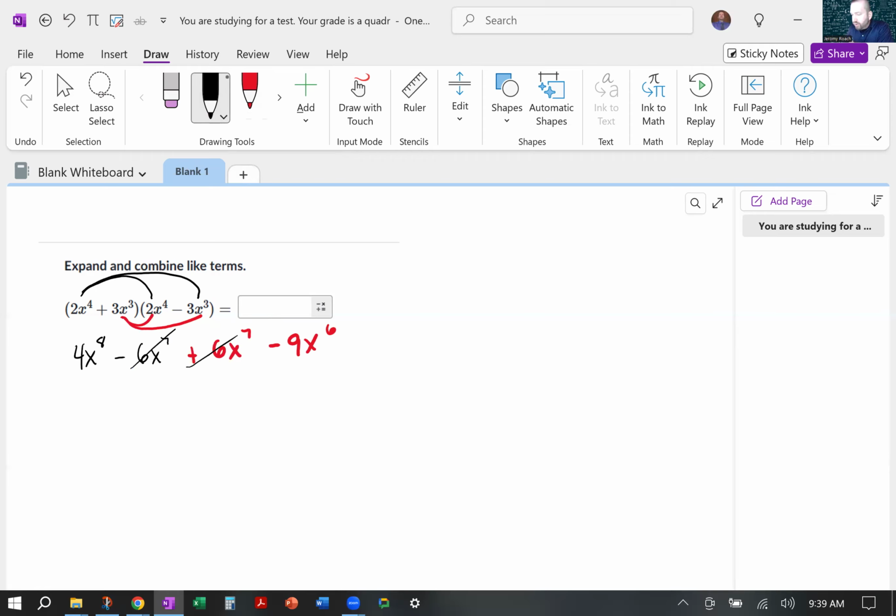We cancel those out because those end up equaling 0. So now we're just left with 4x to the power of 8 minus 9x to the power of 6. And again, this is in standard form. We're going from the greatest exponent to the least exponent in descending order.